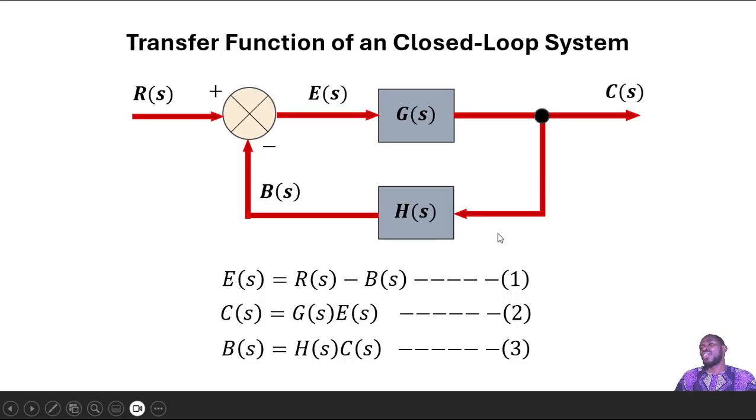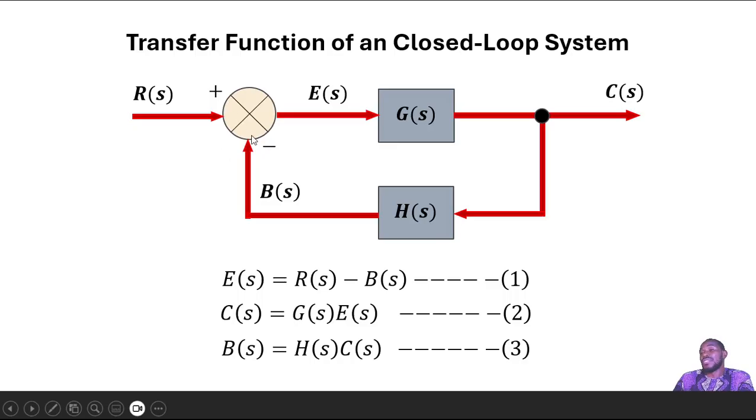Now, how about a closed loop system? Let's look at this very carefully. This is a closed loop system, and this is the block diagram for a very simple closed loop system. You have your reference signal coming in. There is a comparator that checks it against a portion of the output signal, the feedback signal.